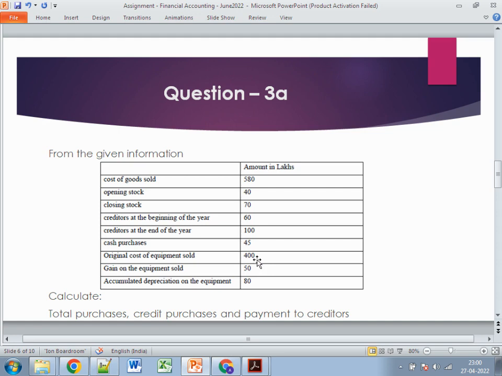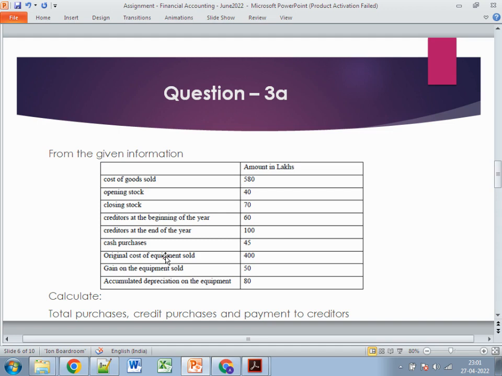So the value will be directly 400 minus 80. As I mentioned, again I'm just repeating: net book value will be the original cost of the equipment, like the machinery we discussed, 20 lakh, and 4 lakh was the depreciation, so it comes to 16 lakh. Similarly, in this case, the original cost of the equipment was 400 and depreciation was 80. So the net value comes as 400 minus 80, that will be 320. That is the net book value.